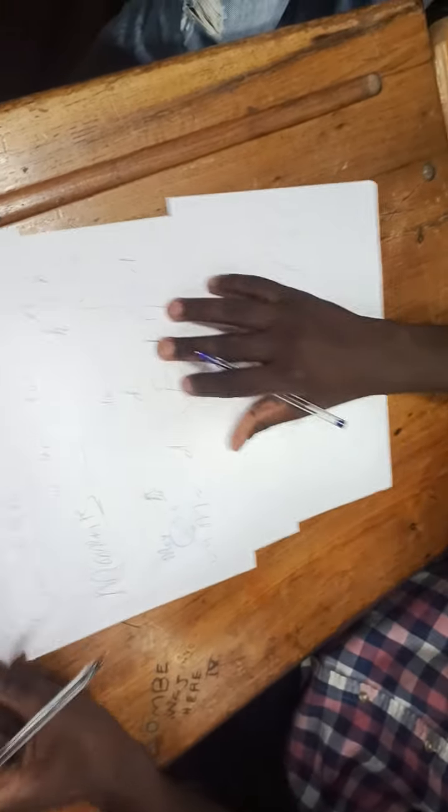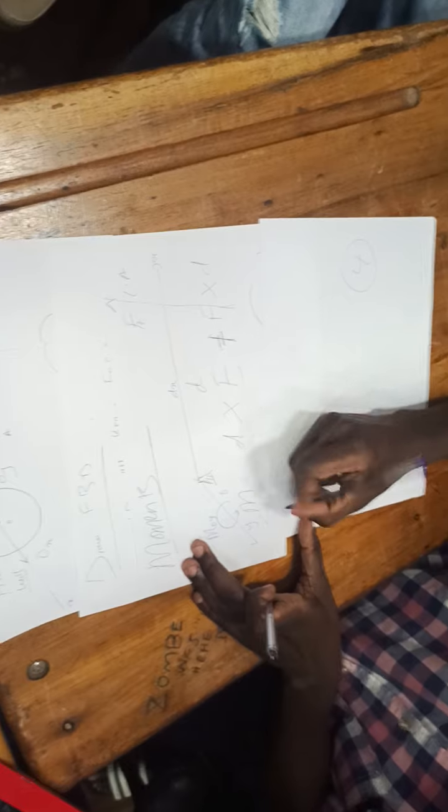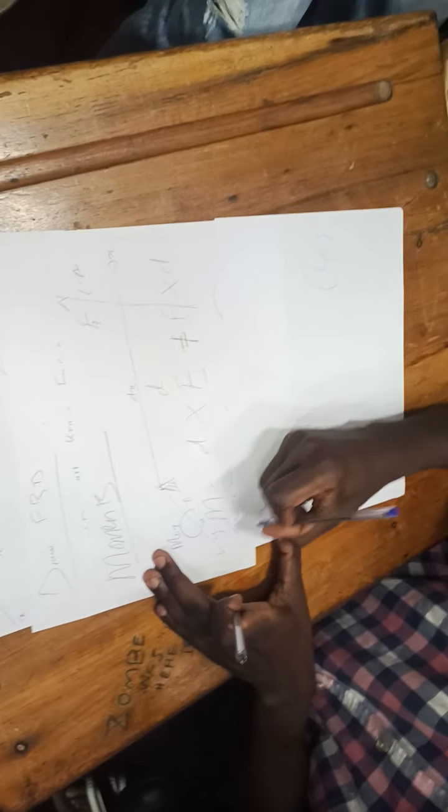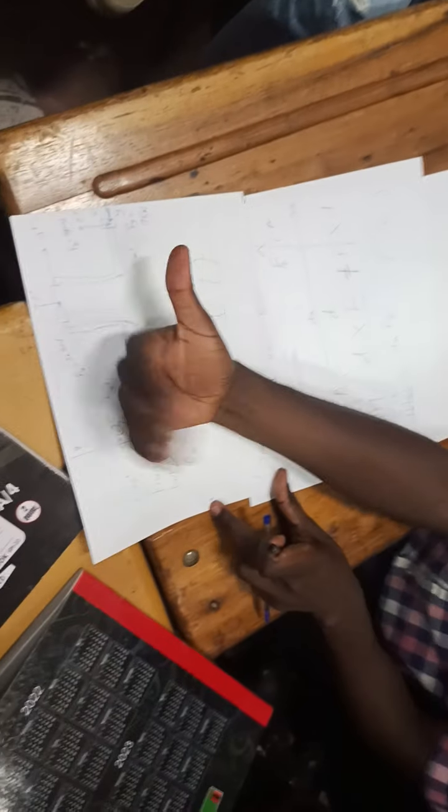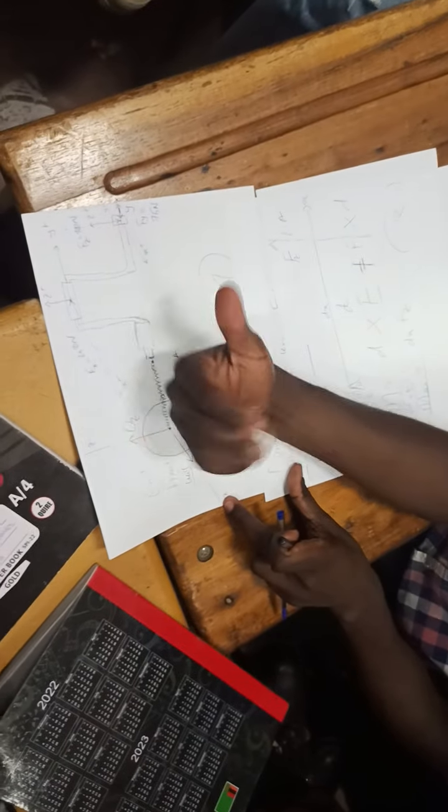So the first thing is our free body diagram, we've identified that this is how it is. Since this is my axis, around it I'll have a positive moment.